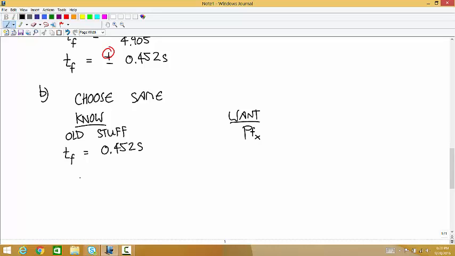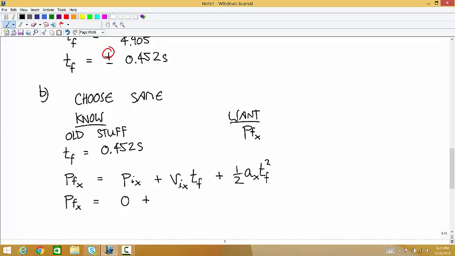So an equation that'll work with this says PFX is equal to PIX plus VIX TF plus 1/2 AX TF squared. So PFX is equal to, what's the X component of the initial position? That was the velocity. So this is 0.